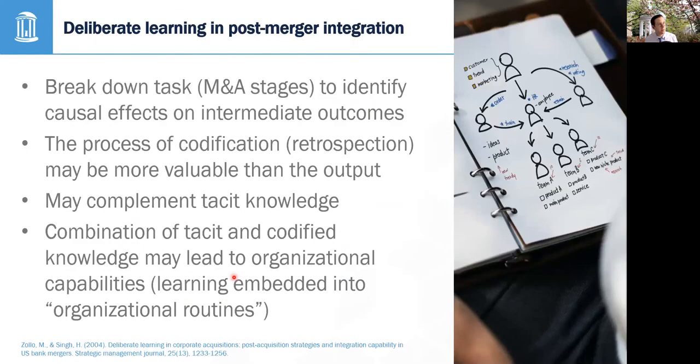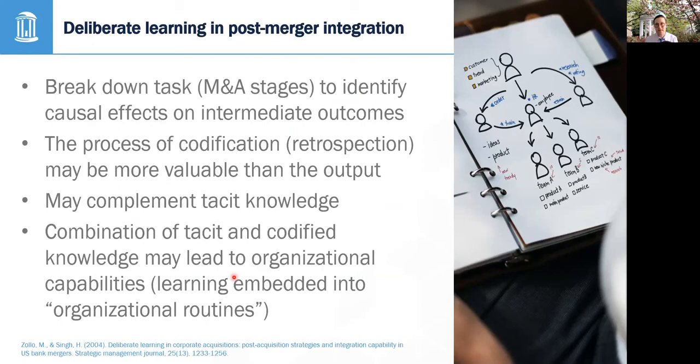The second theory that we talked about in terms of integration was deliberate learning. Specifically, it's very difficult to learn how to acquire better over time because there's a lot of causal ambiguity in what makes an acquisition successful. These authors, Maurizio Zollo and Harbir Singh, argued that codification is valuable.